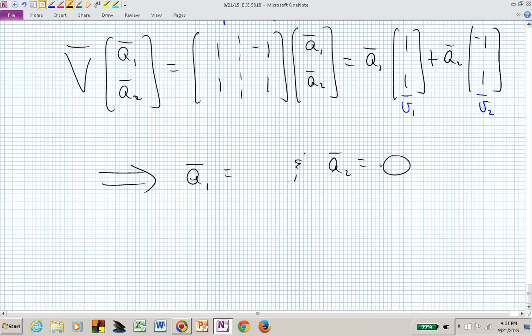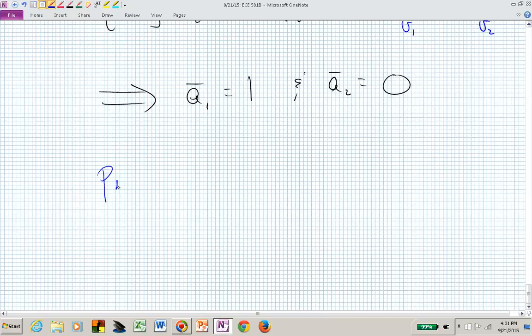Is it clear that we don't need any weighting on the second basis vector? We can take all of the first vector, scaled just by 1, which leaves us with another way to write the point P1 in terms of the V bar basis. This now becomes 1, 0, which is A1 bar, A2 bar.